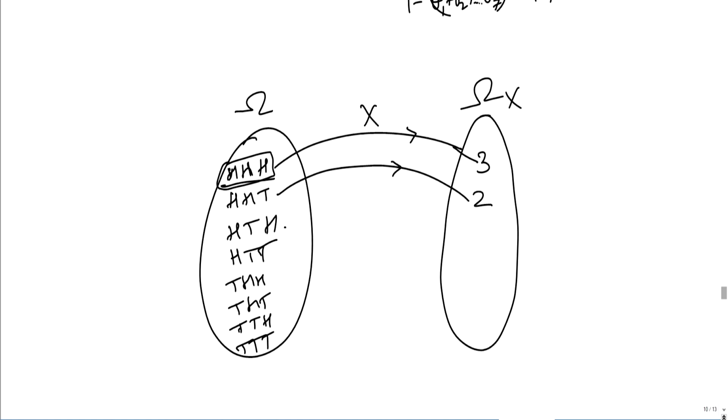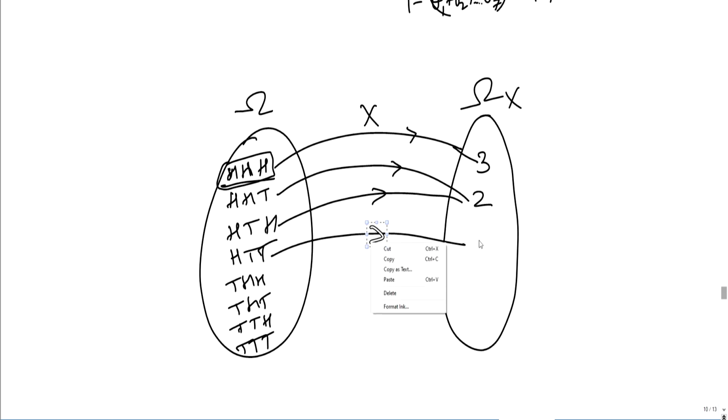Basically, it is counting the number of heads in each outcome of your experiment. HTH, 2 heads. Then HTT has 1 head. Then THH has 2 heads.